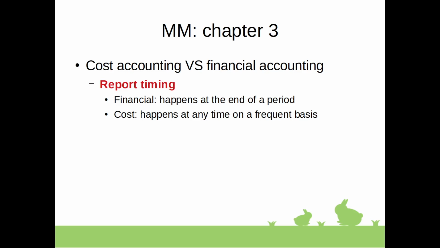If raw materials increase in price, this will have a large impact on your company and on your cost accounting. So this has to be changed all the time when something in the outside world changes. So the report timing will happen on a frequent basis.